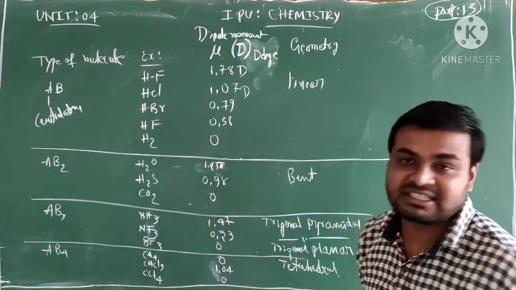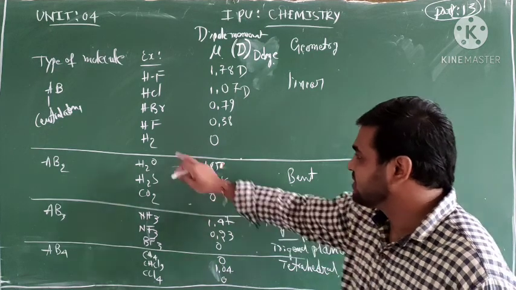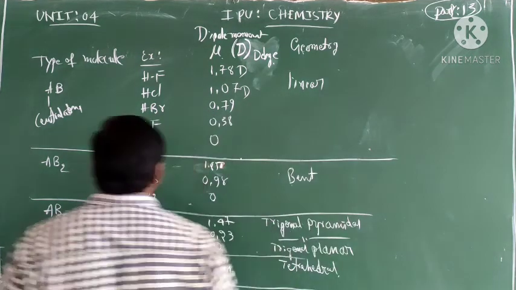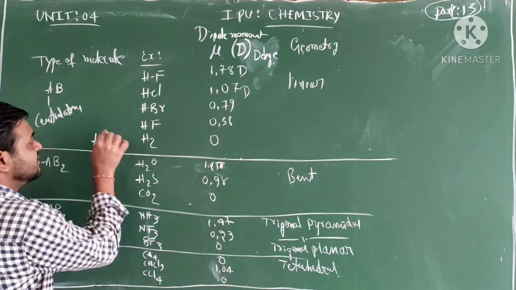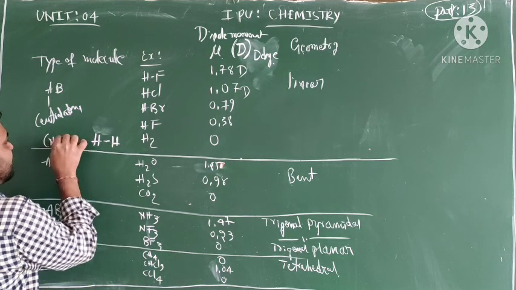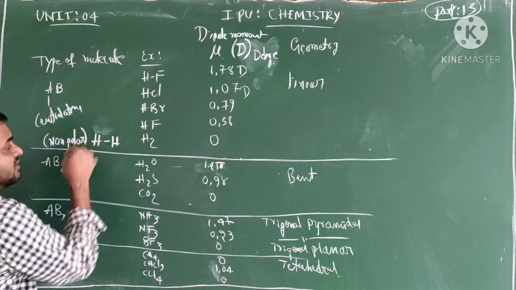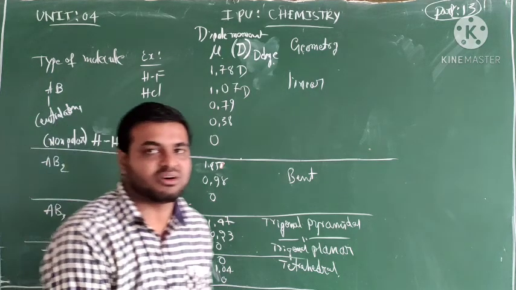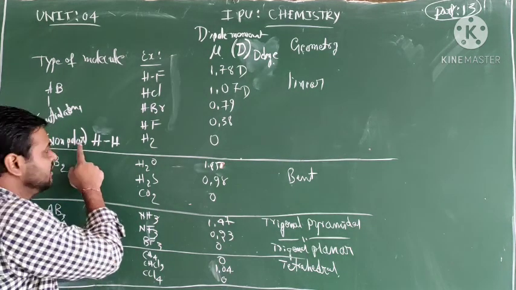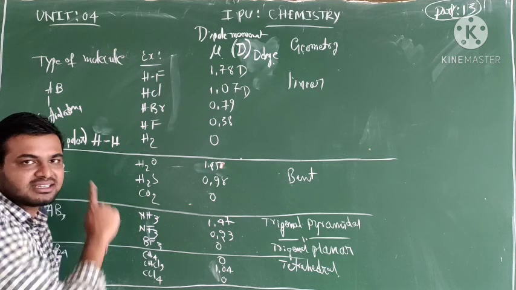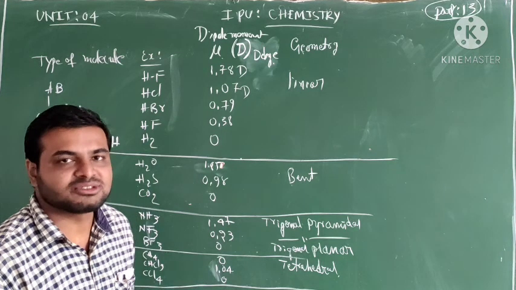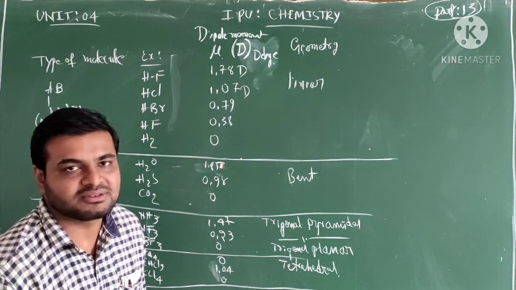But in the case of H2, the value is completely 0, because H2 is a non-polar molecule. It means the two H atoms have similar electronegativity, sharing electrons and forming a covalent bond.